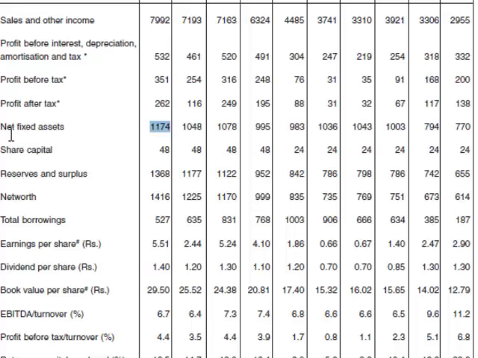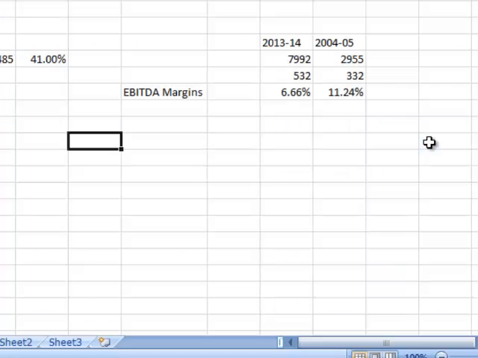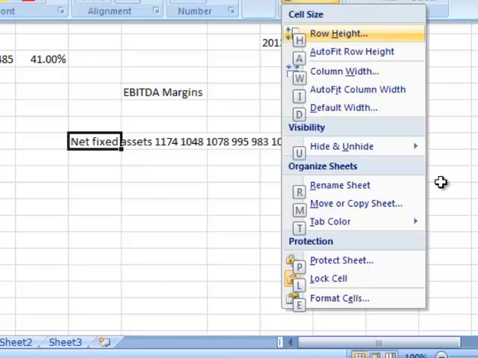Okay, so we typically calculate a ratio. I'm just copy pasting these numbers. Net fixed assets. These are net fixed assets for all the years.